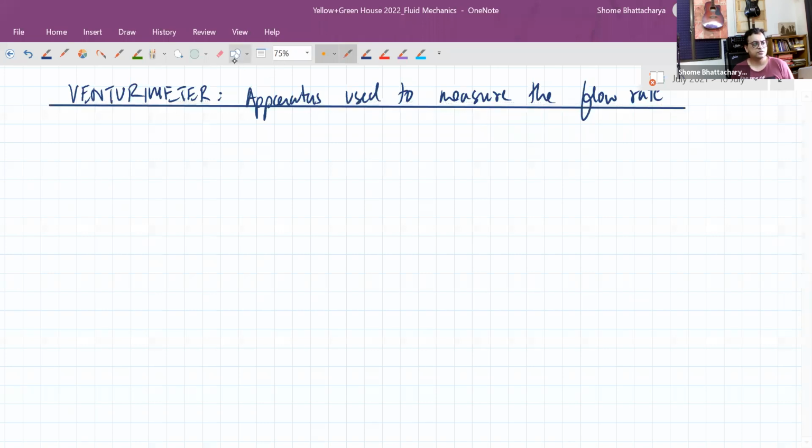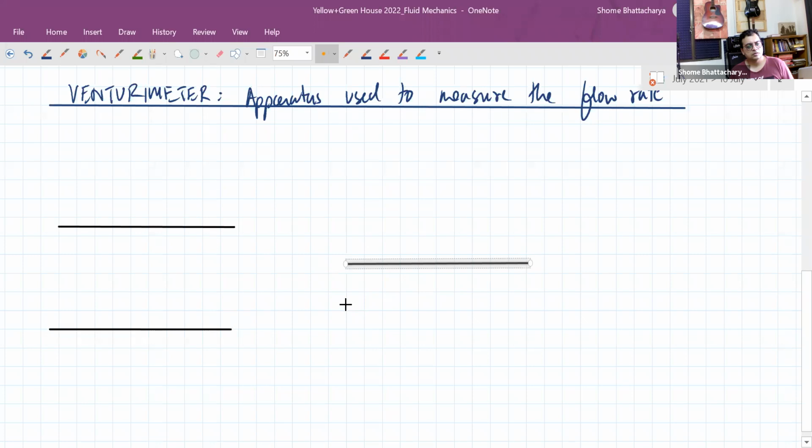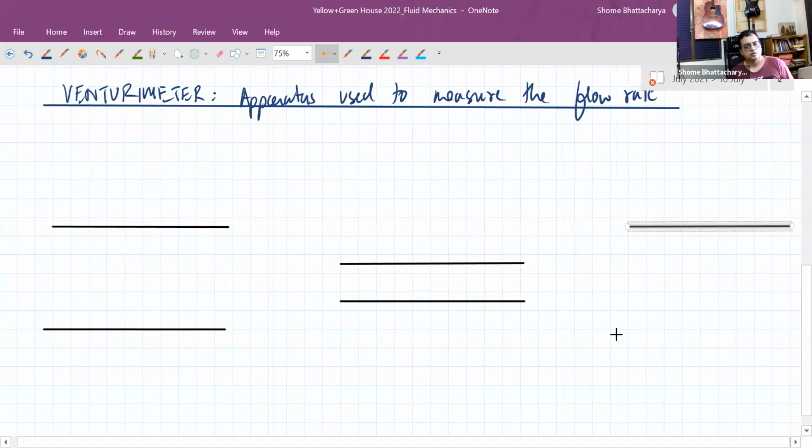So the basic apparatus of the Venturi meter consists of, let's say, this is a cross section of a pipeline through which a fluid is flowing. Then there is a change in the cross sectional area. So it has a region where it becomes narrow. Then again it widens back to the original shape.